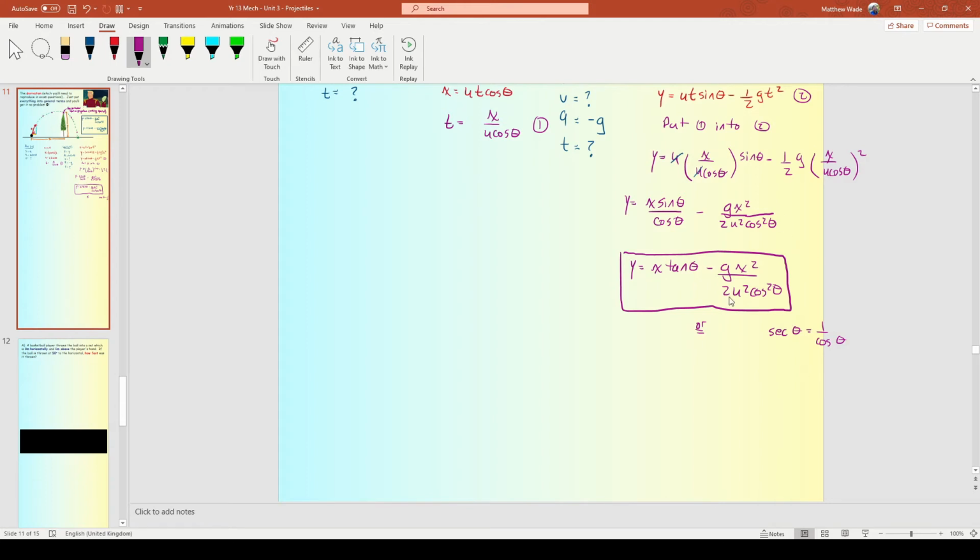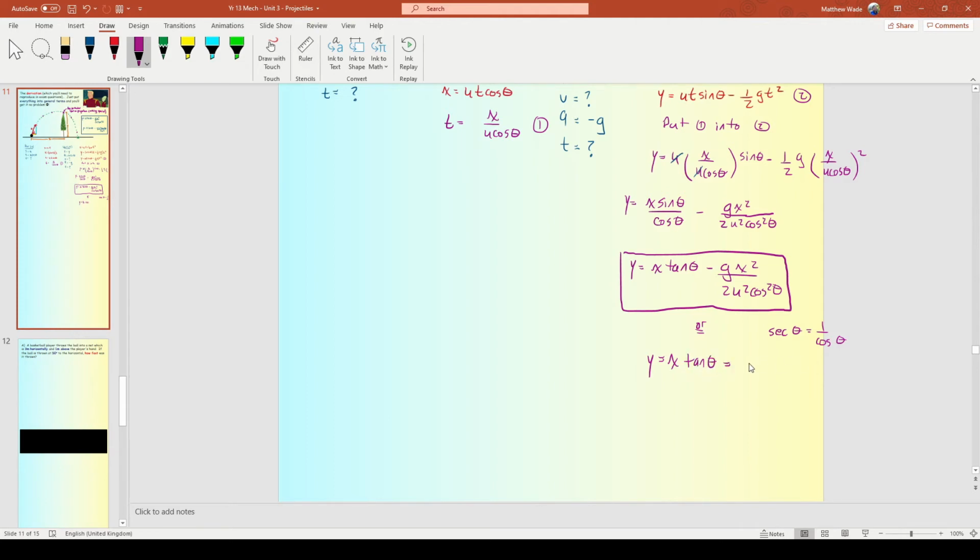So you can move cos to the top because these are inverses of each other. So 1 over cos squared is the inverse of sec squared, which means I can just rewrite it in the other format, just to not confuse. Let's not muddle it, let's just get on with it.